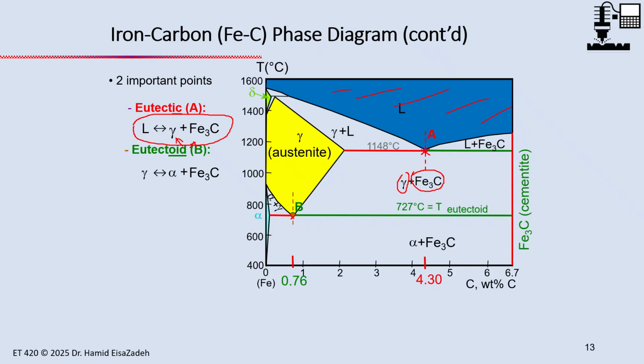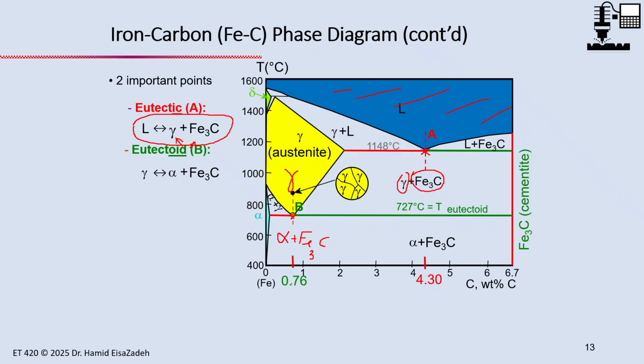We have solid material, austenite or gamma, and it transforms to two solid materials, alpha and Fe3C. The composition of that reaction is 0.76, and the composition of the eutectic reaction is 4.3.